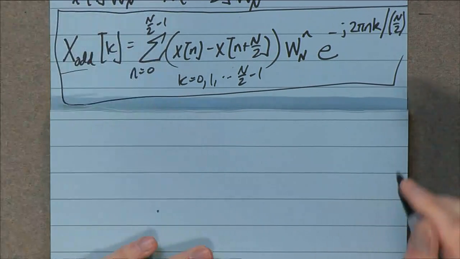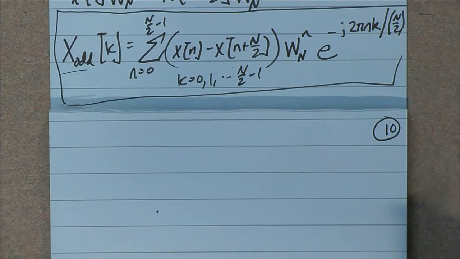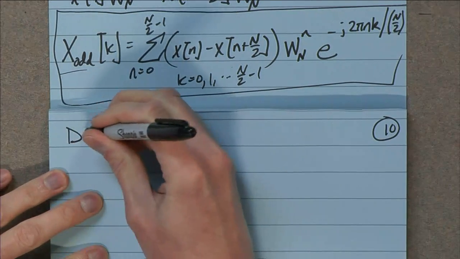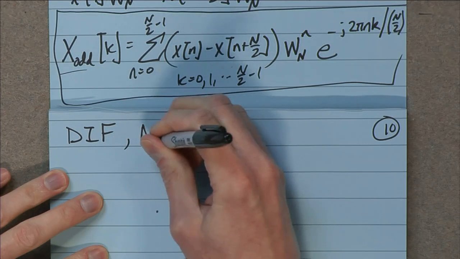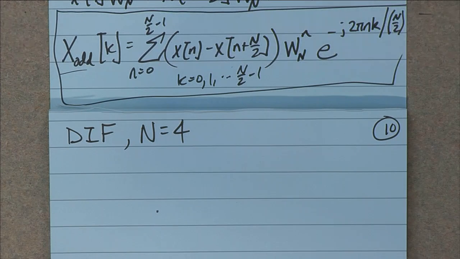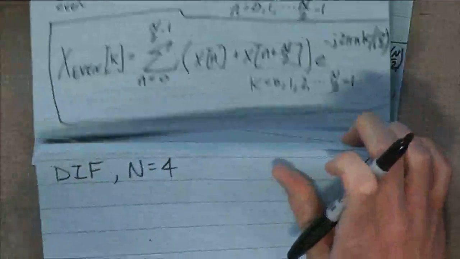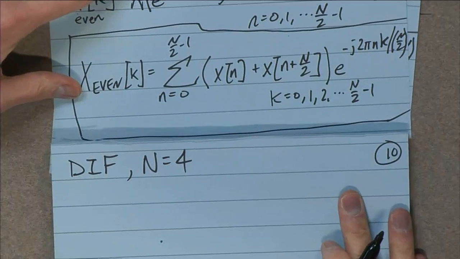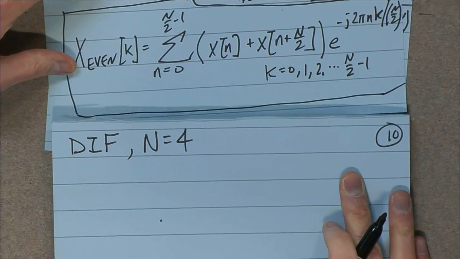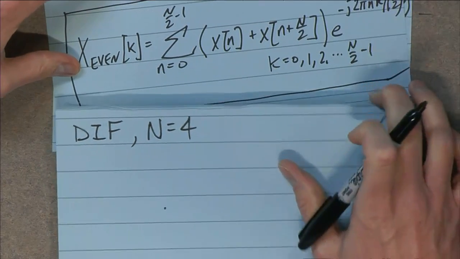So with that in hand, let's do decimation in frequency, N equals 4. And let's start with the even. So I'll put this in the toolbar here of the blue pad area.